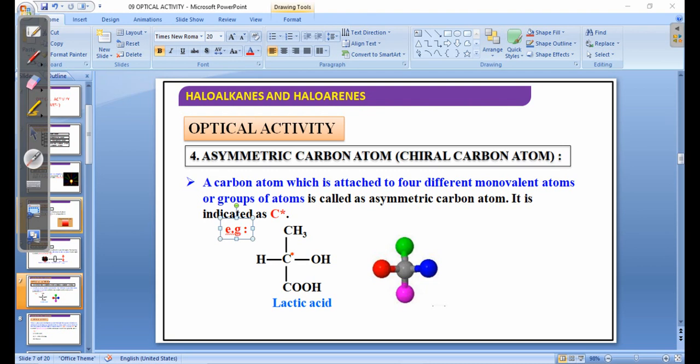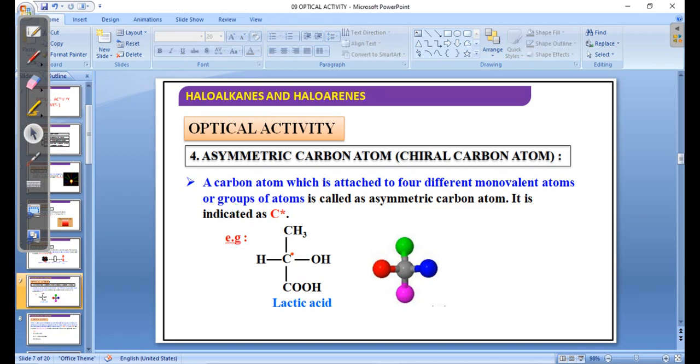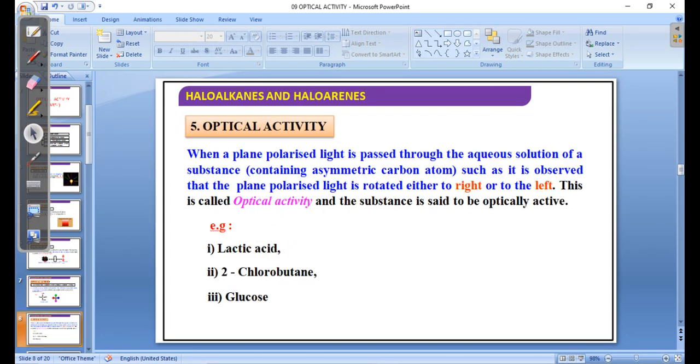Next, optical activity. When plane polarized light is passed through the aqueous solution of a substance containing an asymmetric carbon atom, it is observed that the plane polarized light is rotated either to the right or to the left.